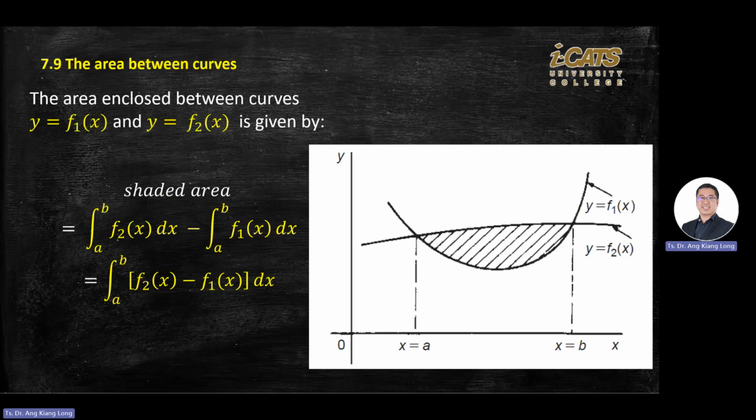How do you get this shaded area? You actually take the first one, which is f2, function 2, minus the area of the other graph. When you integrate, it's always the area above the x-axis.